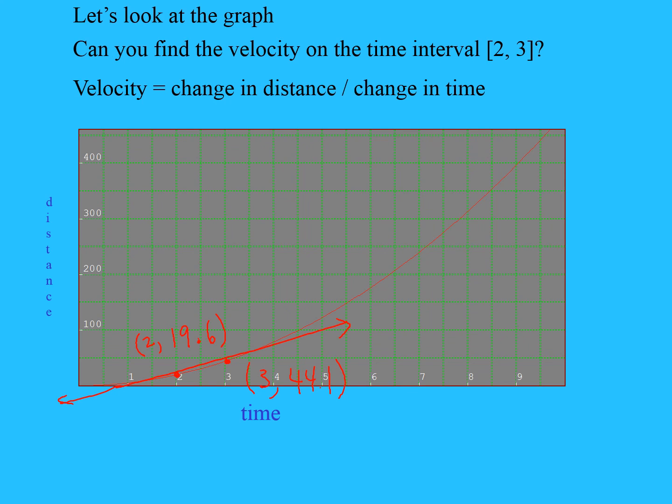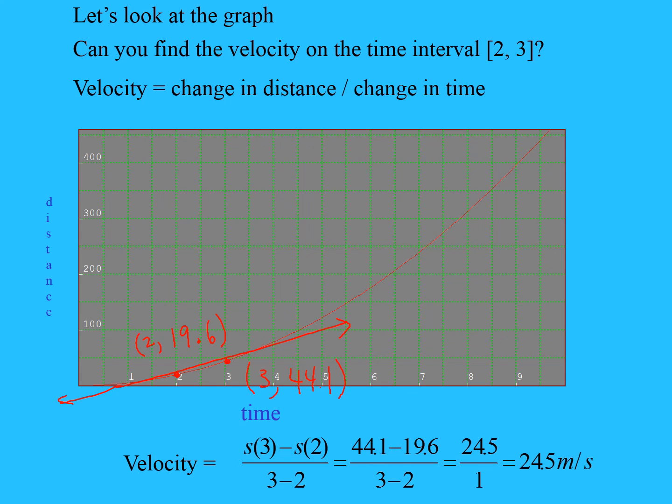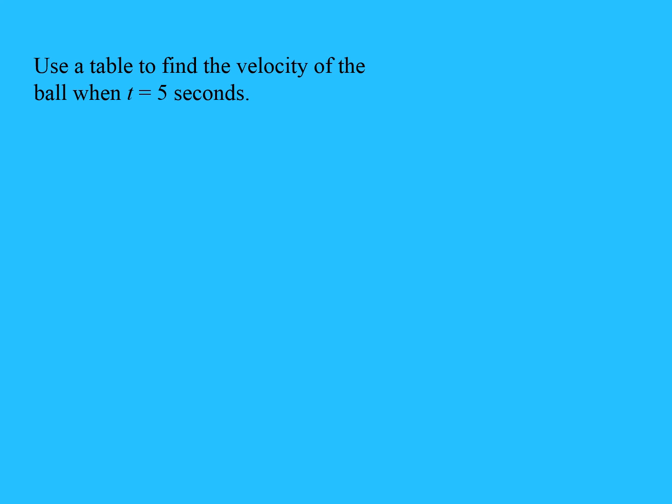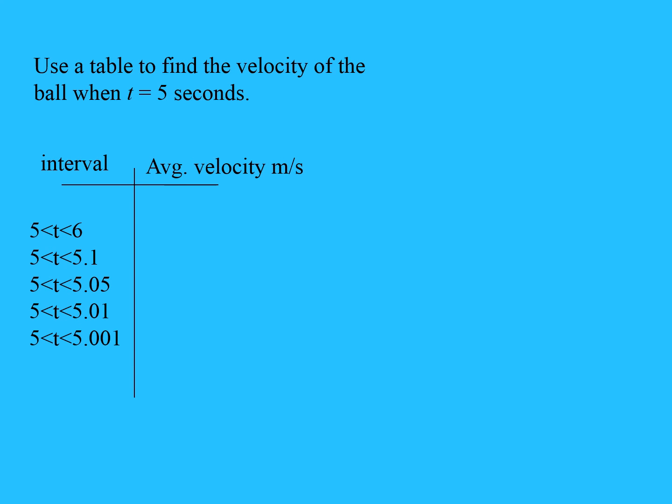And when t equals 3, we would get a value of 44.1. And now we can find the average velocity between those 2 points. Looking at that calculation, we would get 24.5 meters per second.